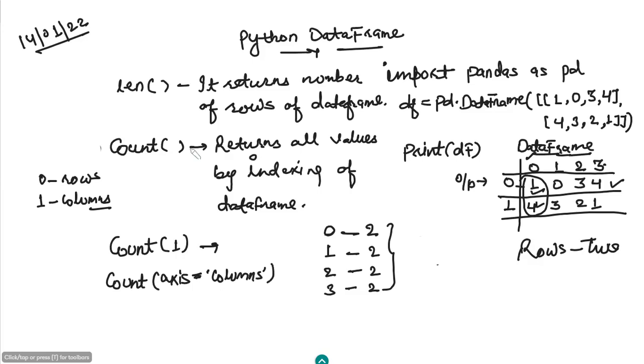Okay, now these two functions are the same, so the output of these two functions is the same. We will get the same output. Is it clear? Yes. Okay, now let's move to the next function, that is size.